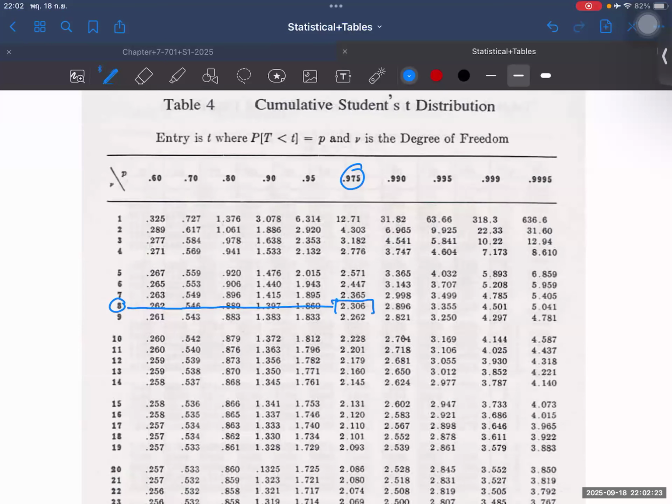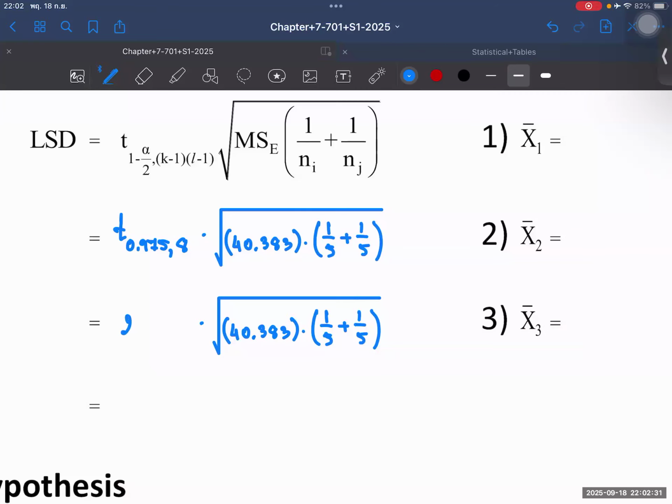Okay, we use this. It is 2.306. Okay, so we calculate this point. So please recheck each step. Okay, I get 9.268. Okay.